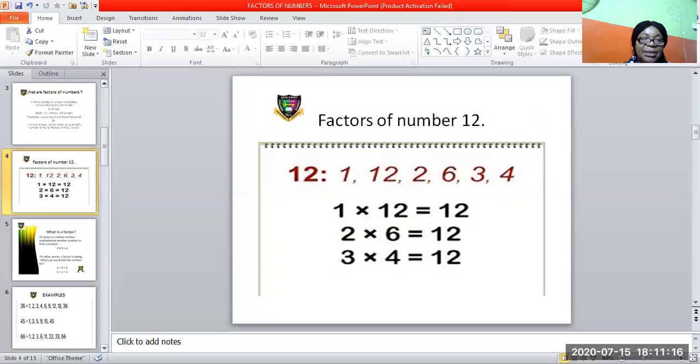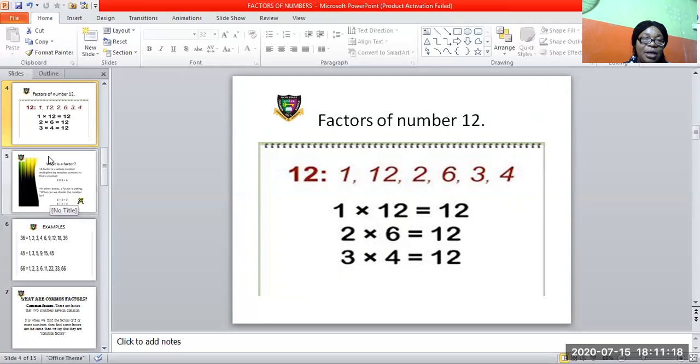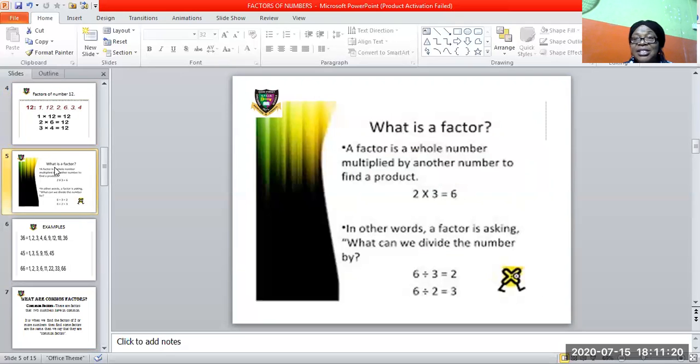Beautiful. Now let's move further into the topic. We're still on understanding what factors are. A factor is a whole number multiplied by another number to find a product.